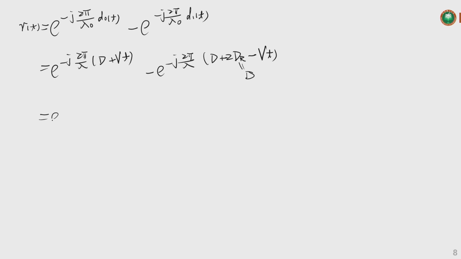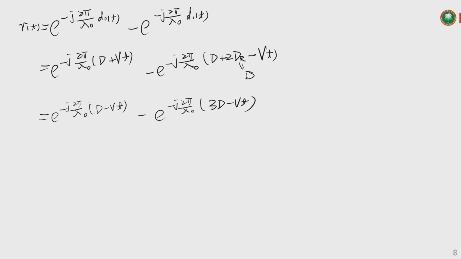Now it becomes e to the minus j 2 pi over lambda node times D minus vt, minus e to the minus j 2 pi over lambda node times 3D minus vt. Okay. So now we get expressions for this one.